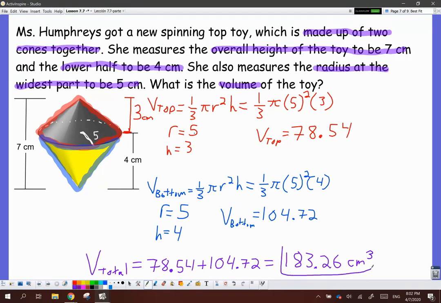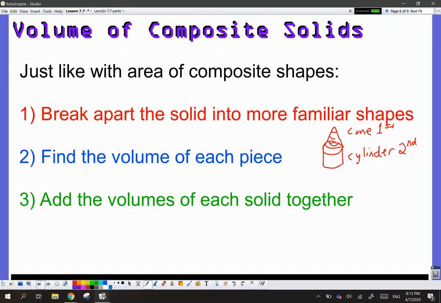And that's my answer. But I do want to leave you with this takeaway. Remember that to find the volume of these composite solids, remember our steps. First, identify the solid, break it apart into more familiar shapes. Try to see what other shapes you can see in our composite solid.